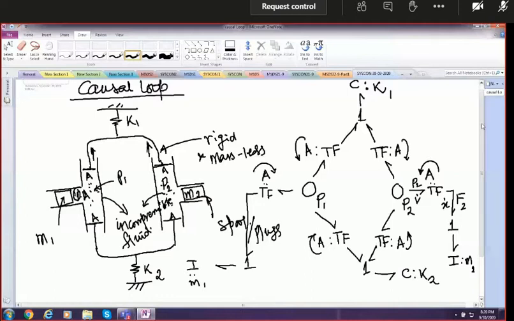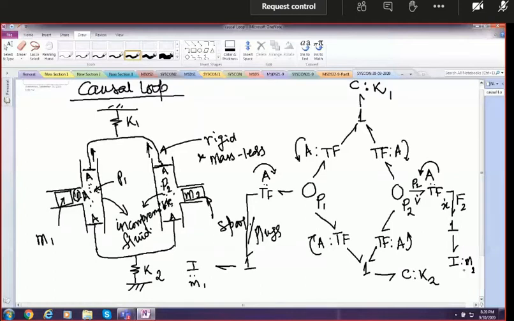Sir, why is this a one junction in the M2 and M1? We can directly connect it. You can directly connect a transformer to any of the elements? Transformer has to be there between junctions. You cannot connect a source of effort directly to I. You cannot draw this kind of a thing, C connected to I. No, something has to be there.